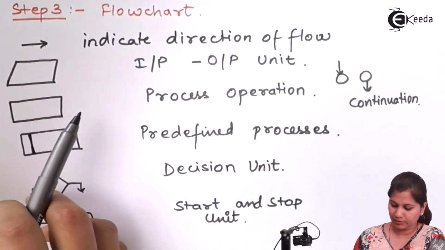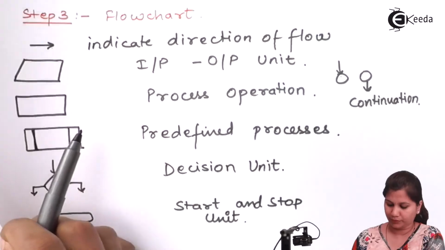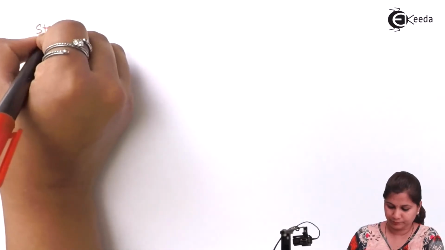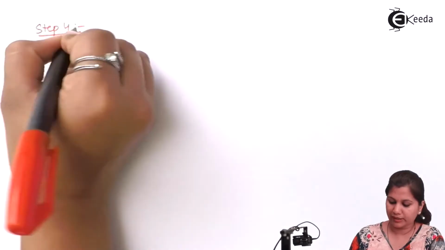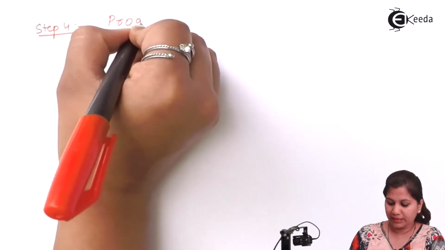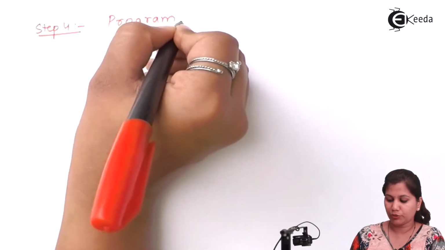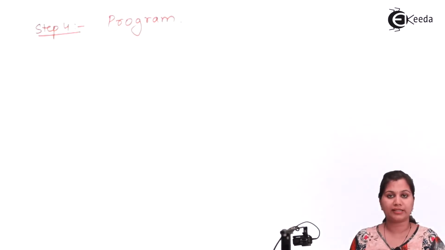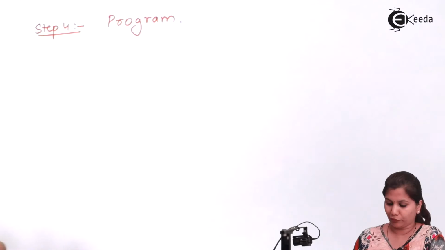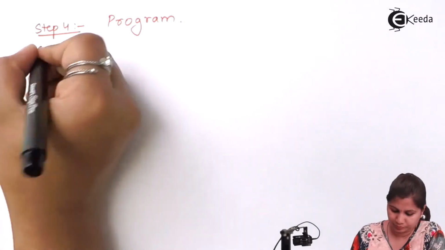Then comes step number 4. Step number 4 is the program. So in step number 4, we are going to use the assembly language instructions, and with the help of instructions and that assembly language, we will write the program for that problem.